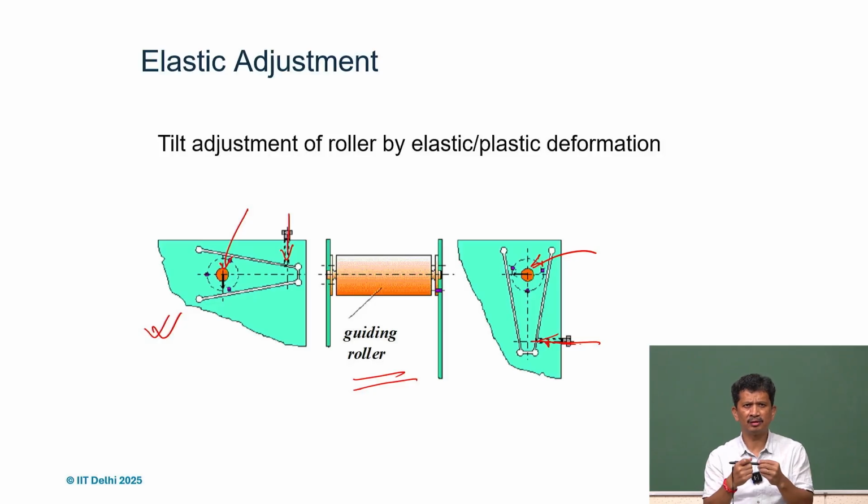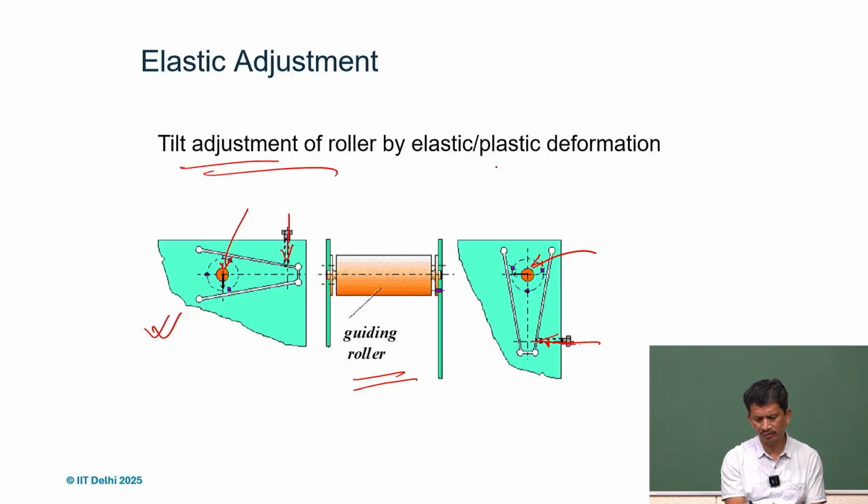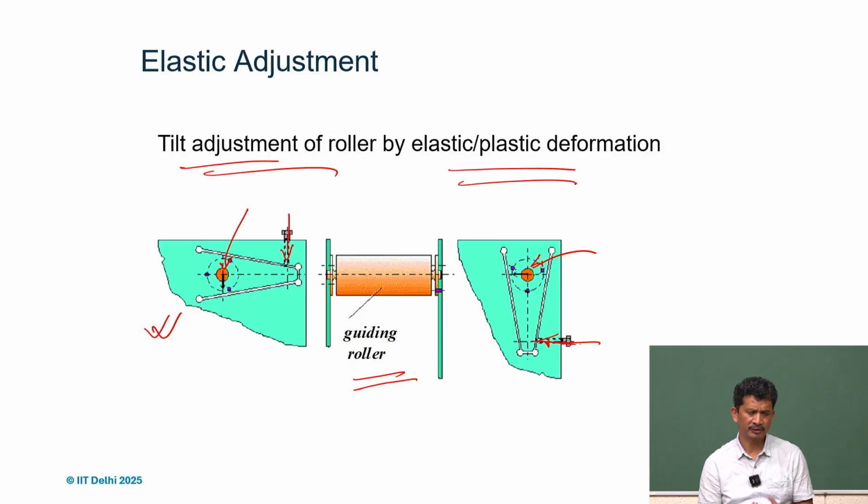What is more important is the angular alignment, and this way we can achieve it very nicely. So, tilt adjustment of a roller by elastic and plastic deformation. Many times it can be one time only, so it can be plastic deformation. You can just adjust it and lock it, but it can be elastic also, so it can always come back as well. That's a very good example again.